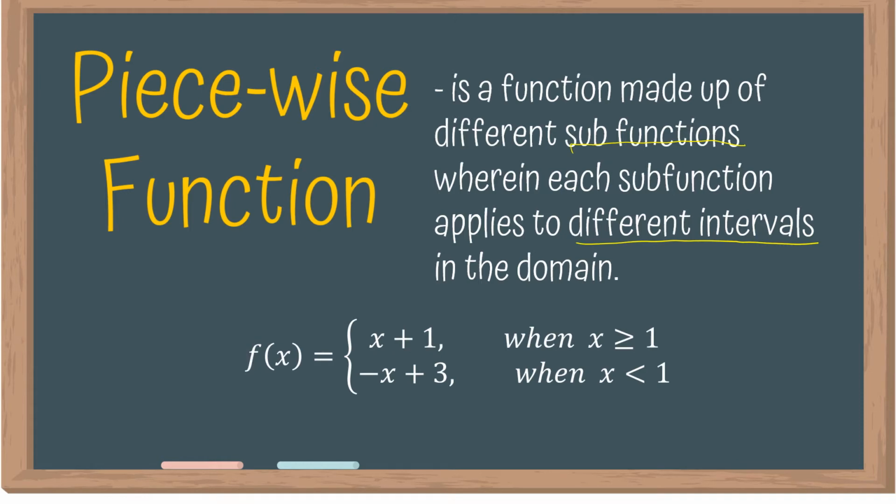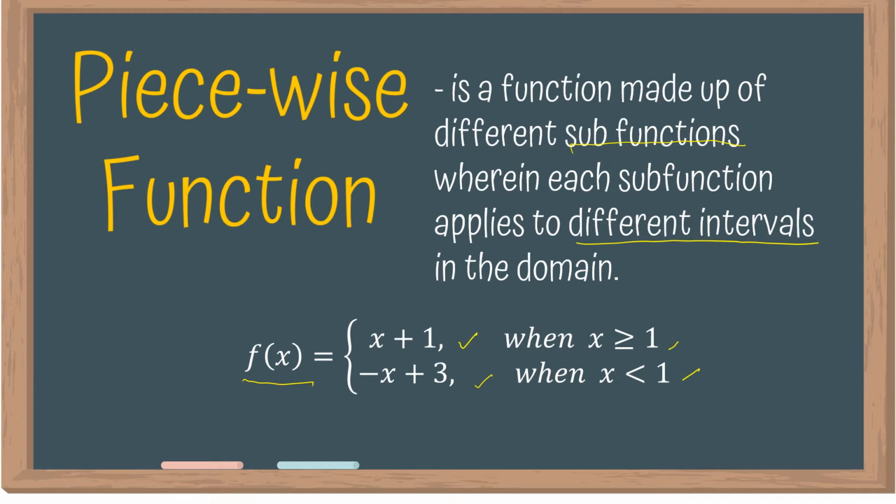So, let's say we have f of x is equal to x plus 1 when x is greater than or equal to 1, negative x plus 3 when x is less than 1. So, as you can see, hindi gaya ng usual functions na na-encounter natin before.